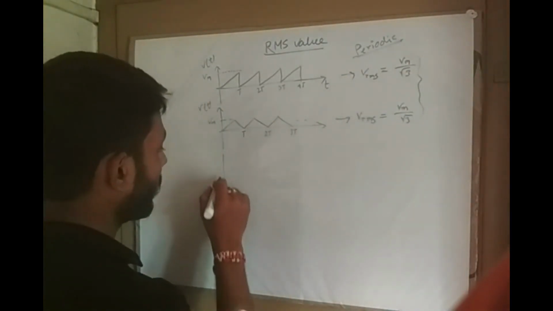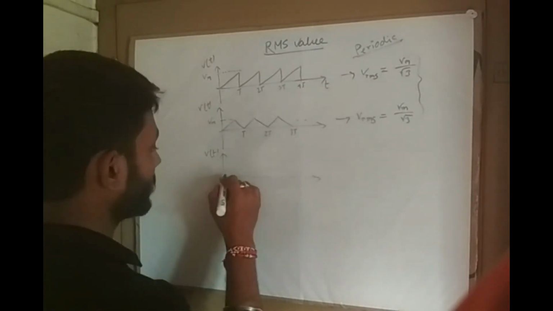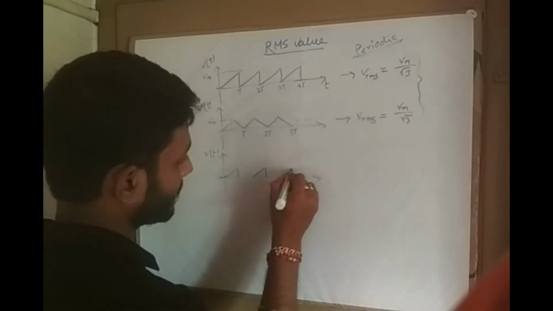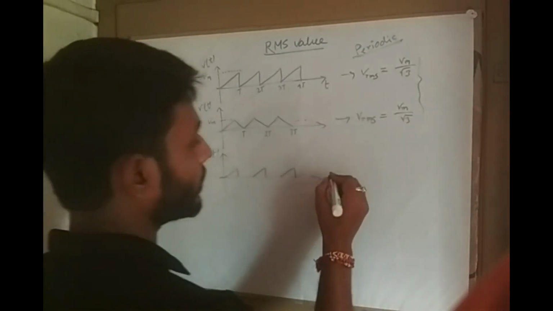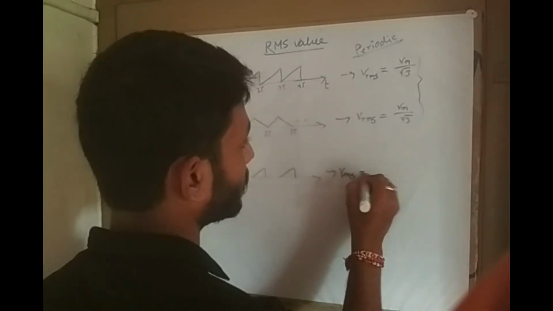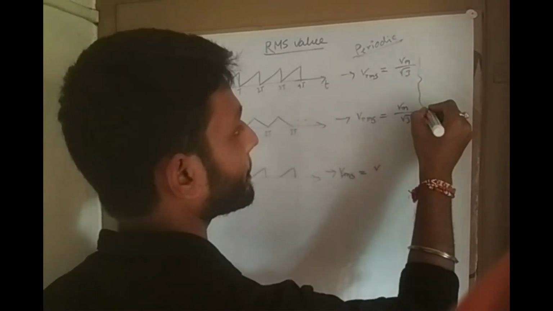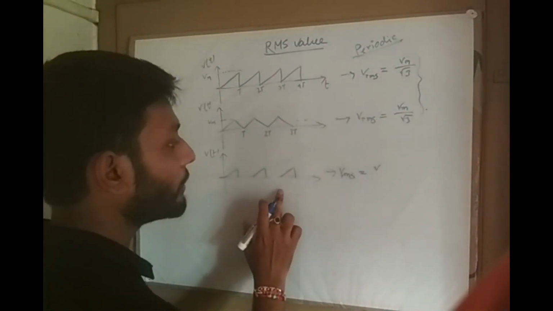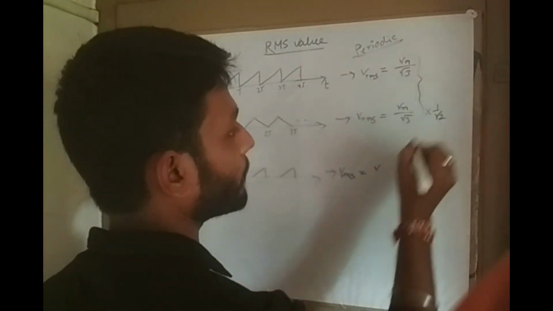And for a half wave triangular signal, suppose the triangular signal may be like this. For this half wave triangular signal, the Vrms value will be equal to, as we have discussed previously, whatever is the RMS value of full wave, the half wave RMS value will be multiplied by 1 by root 2.